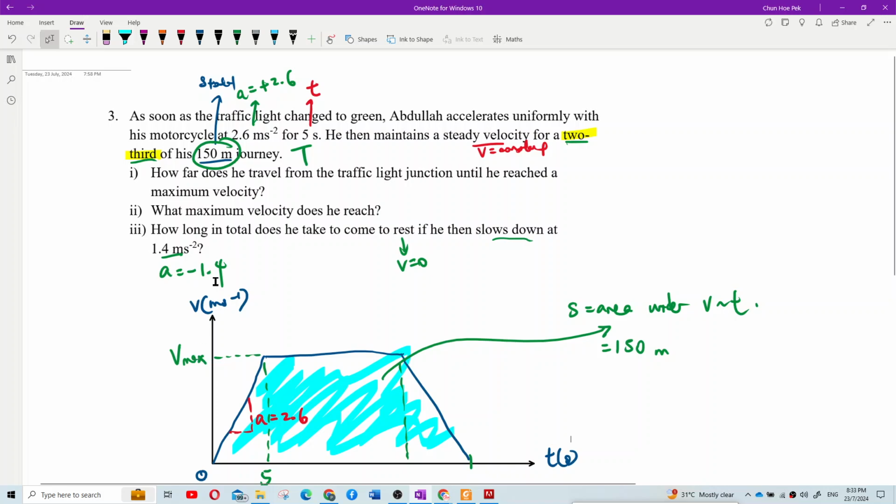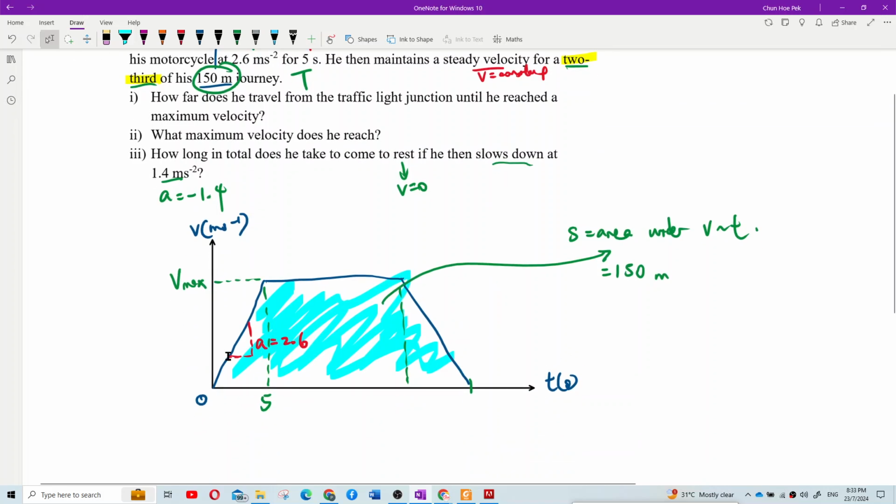You don't have the maximum velocity, but you have the gradient. How will it help you, class? This acceleration can help you to find the maximum velocity, right?